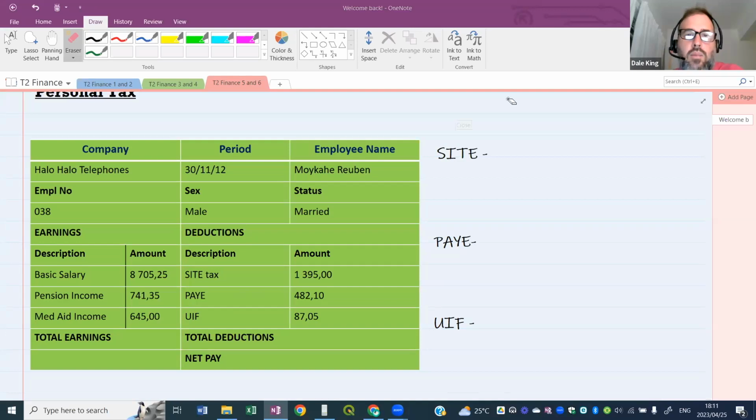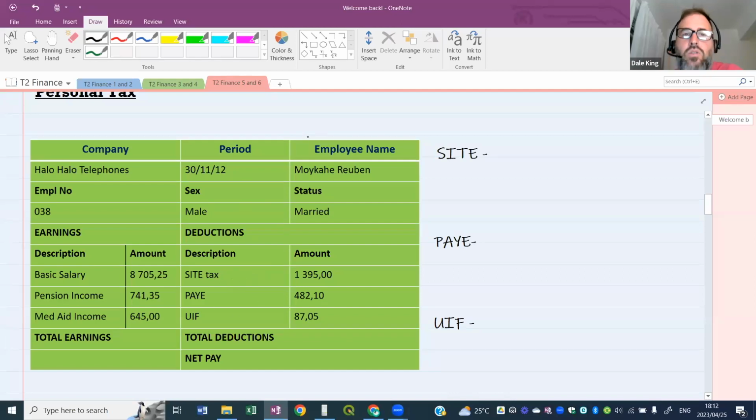Okay. The first one here is SITE tax. That stands for standard income tax for employees. That's what used to be put onto payslips. That's SARS's old way of getting tax from people. All right, so this payslip here has it on because I wanted to show the transition from SITE to PAYE.